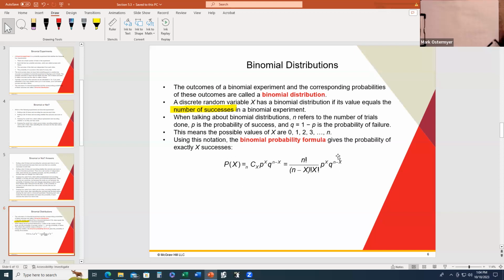Here it is. Notice it makes use of our combination function, n in combination with x. n again is the number of trials in the experiment. x is the number of successes in n trials. p is the probability of having a success on any given trial. q is the probability of having a failure on any given trial. Okay, that's called a binomial probability distribution function.